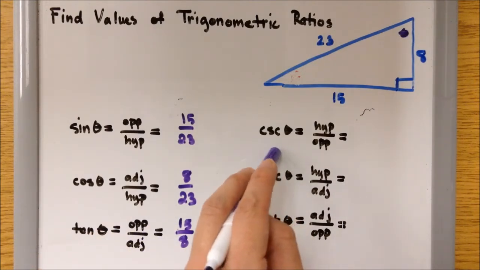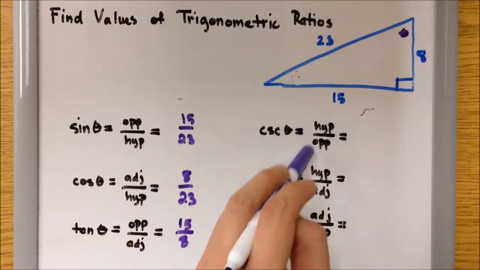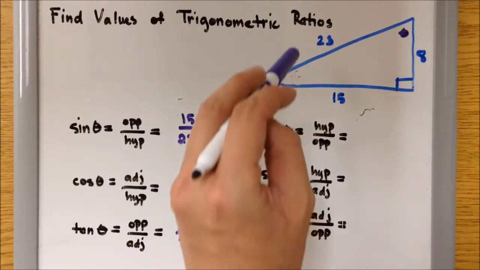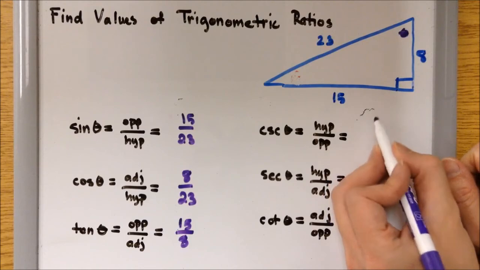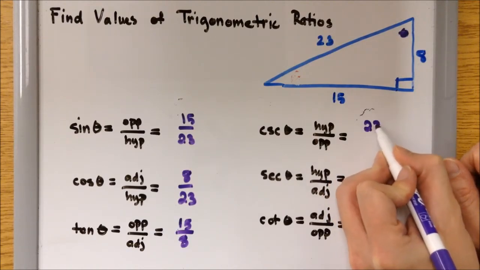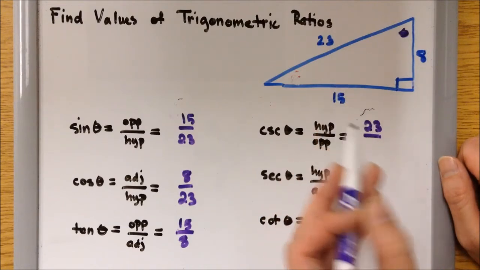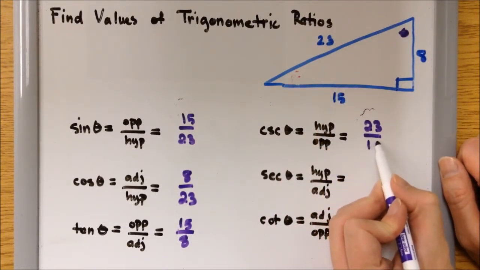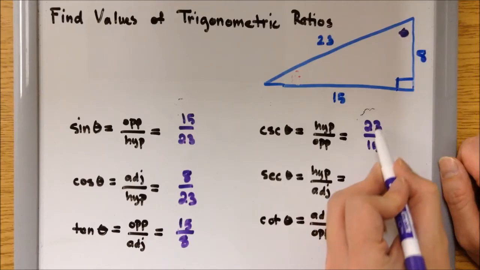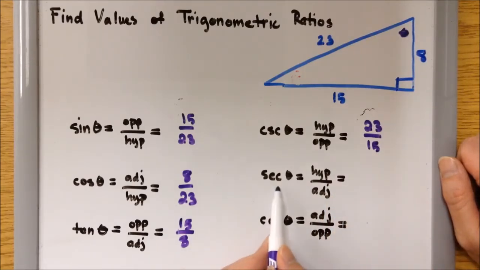Now let's look at cosecant. Again, it's hypotenuse over opposite. So hypotenuse on the top will be 23 over what's opposite from the angle, which is 15. So cosecant theta is 23 over 15. Secant theta is hypotenuse over adjacent.